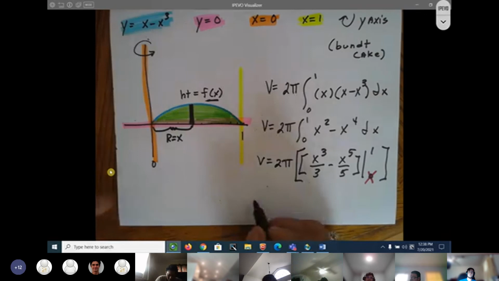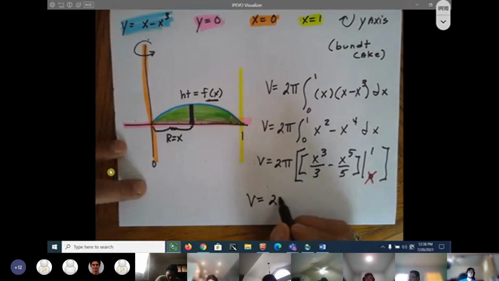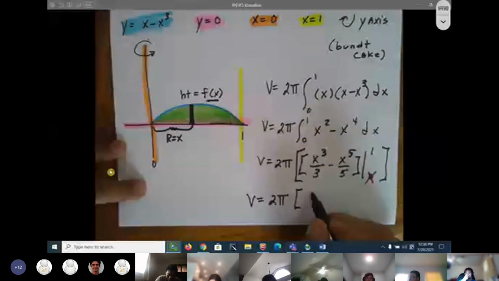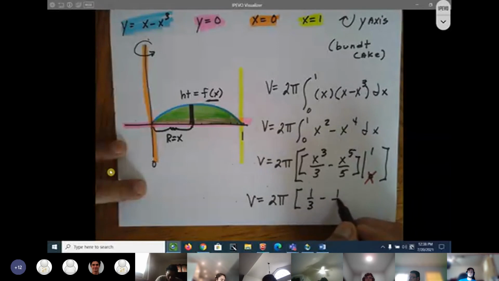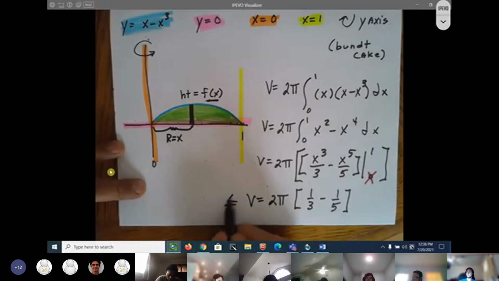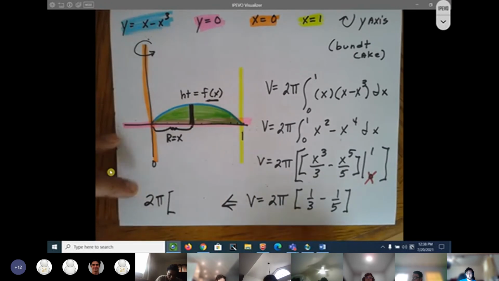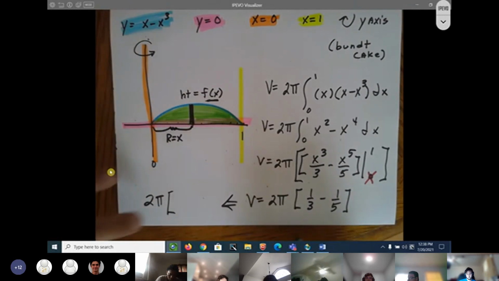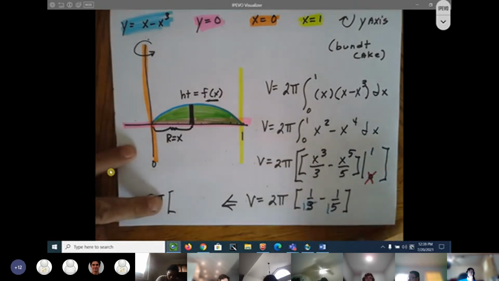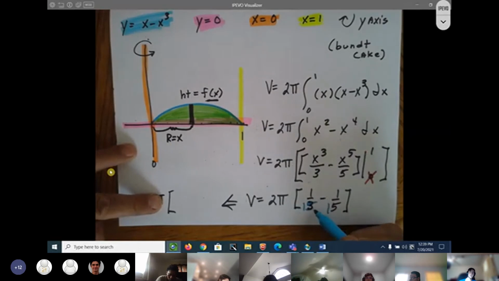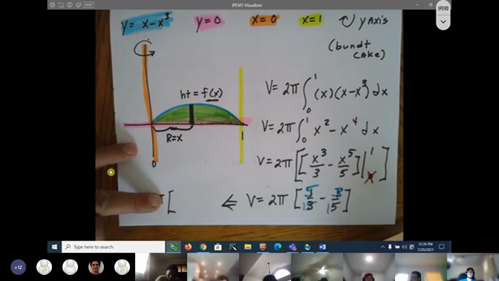So that's going to be V is equal to 2 pi times 1/3 minus 1/5. And that's going to be equal to 2 pi times, let's see, that's going to be a 15 and a 15. 3 will go into 15 5 times. 5 will go into 15 3 times.